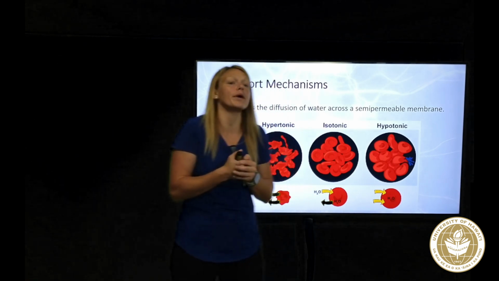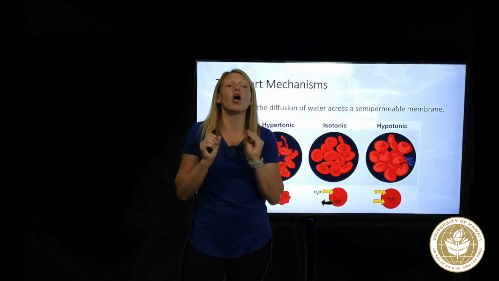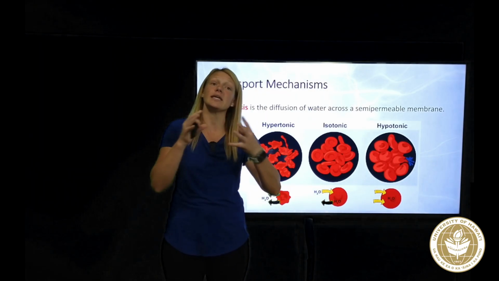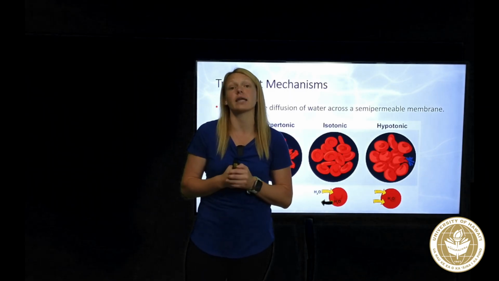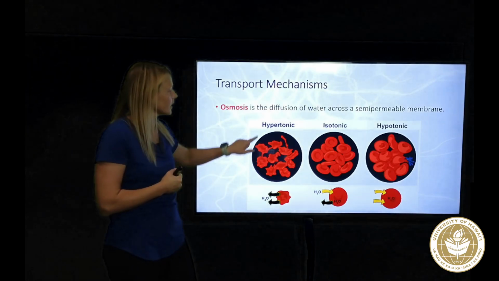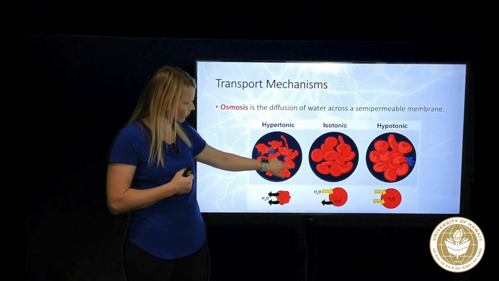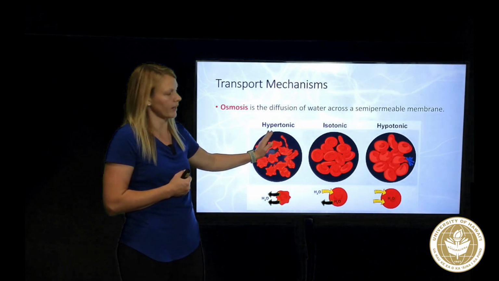So again, what we want is this isotonic solution, because in all cases, water moves in a direction that will tend to even out the solute concentrations on each side of the membrane. So again, here in hypertonic, we have high solutes out here, right? So water is going to tend to flow out to even that out.